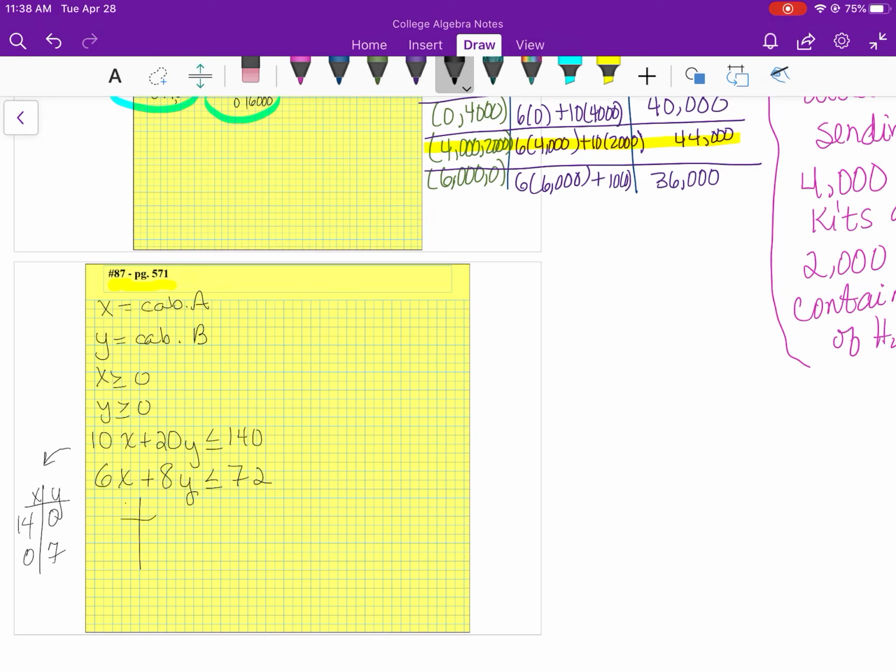For this one, okay, 72 divided by 6 is 12, and 72 divided by 8 is 9.